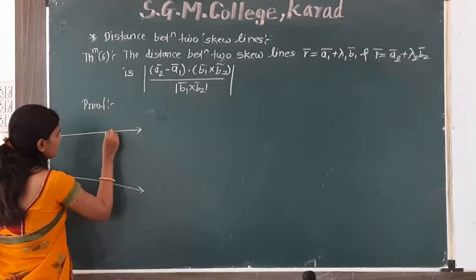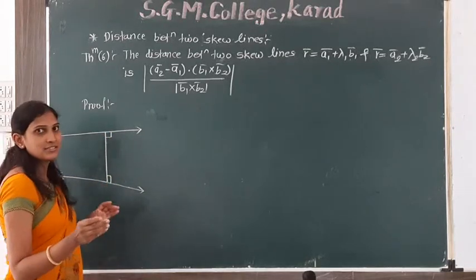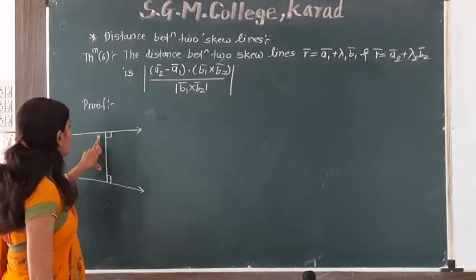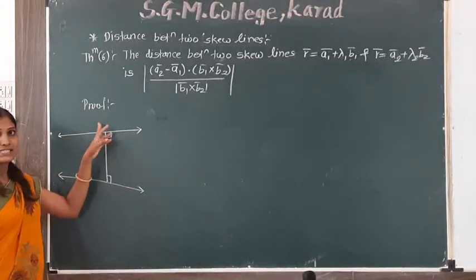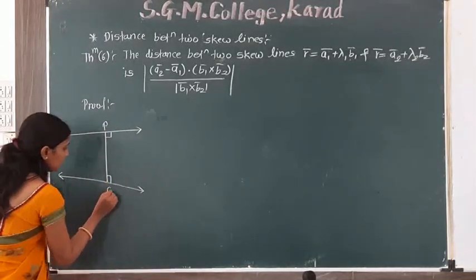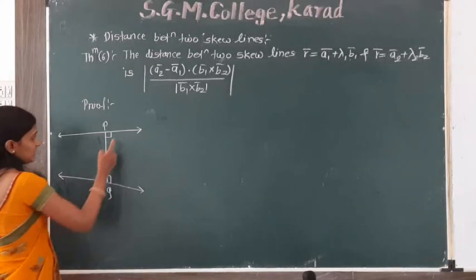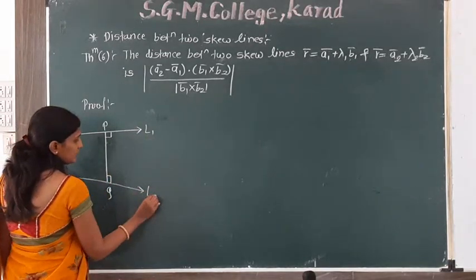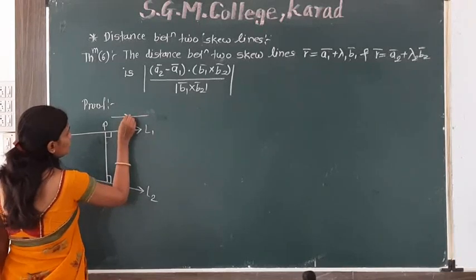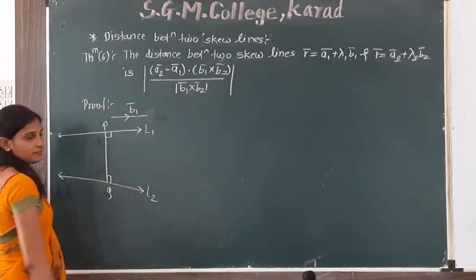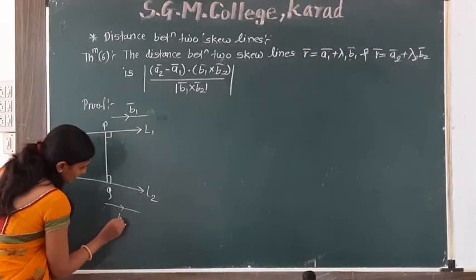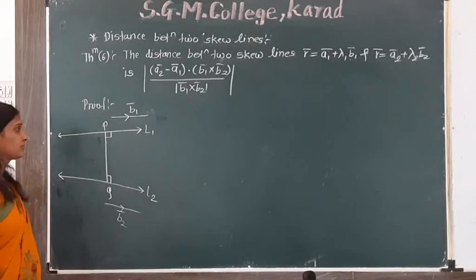Suppose we have to find the distance, so for that we take a perpendicular to both the lines. This is the intersection point P and this will be Q. This line is L1 and this is L2. Line L1 is parallel to B1 bar and line L2 is parallel to B2 bar.